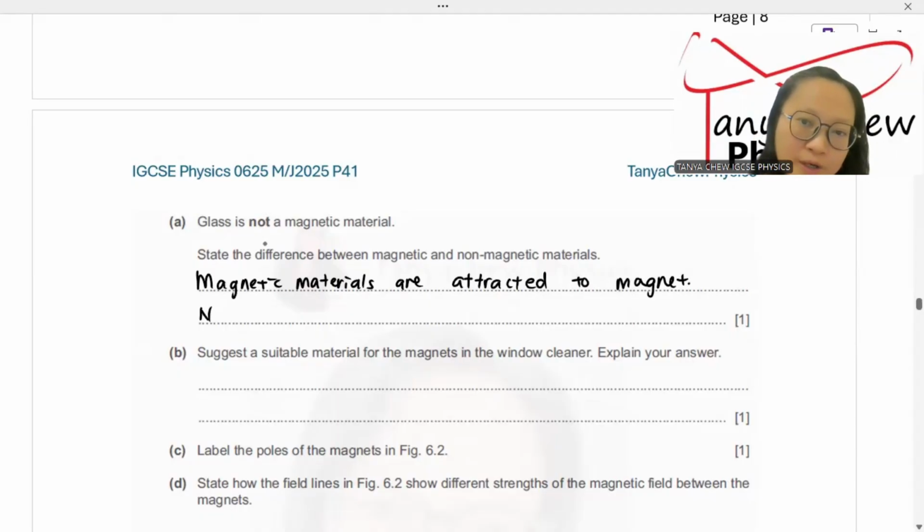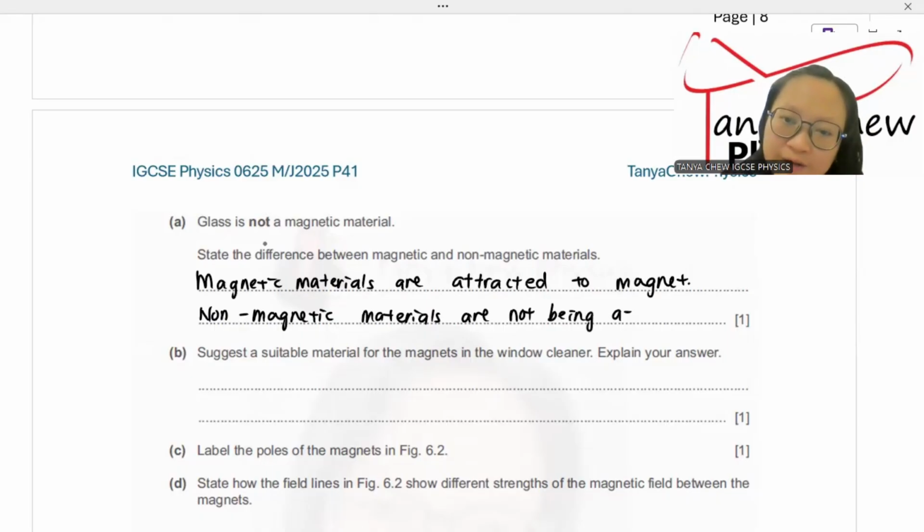Whereas non-magnetic materials are not attracted to magnet. Done. B. Suggest a suitable material for the magnets in the window cleaner and explain your answer.